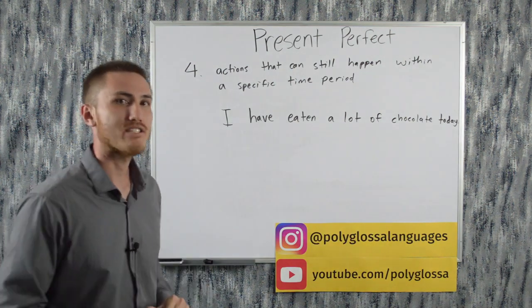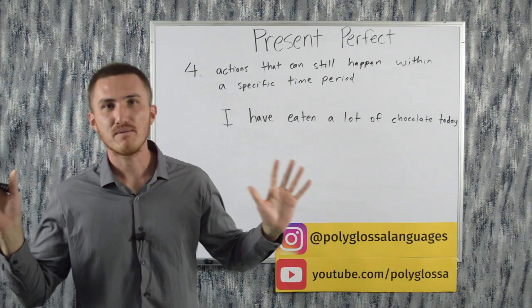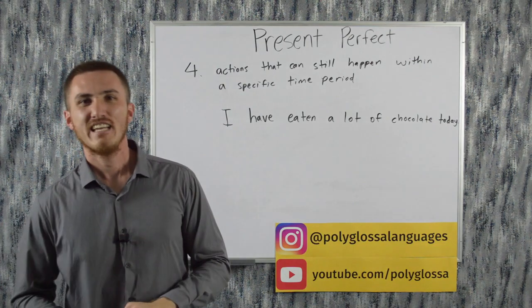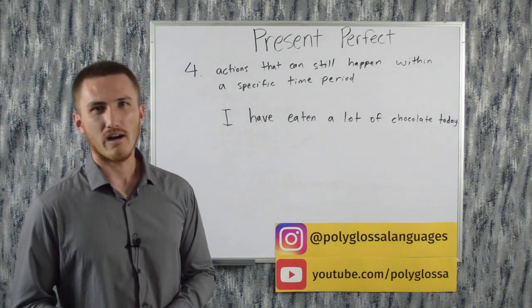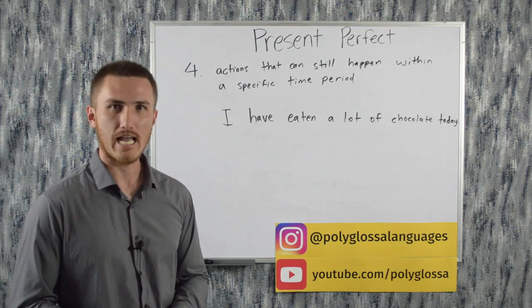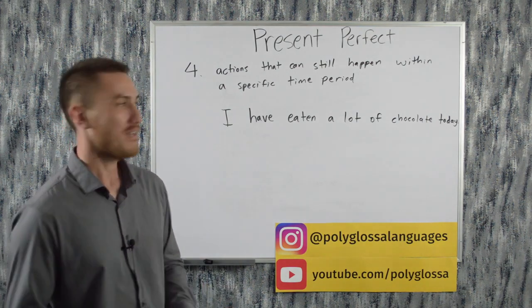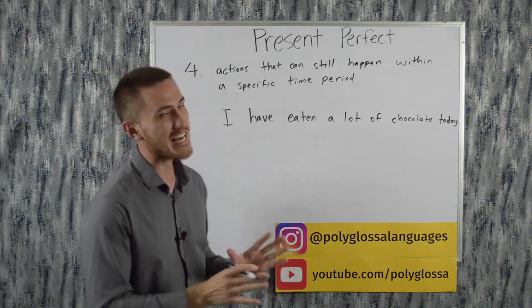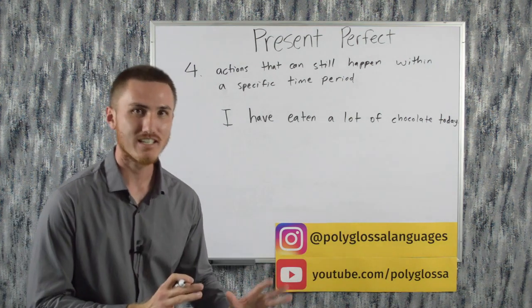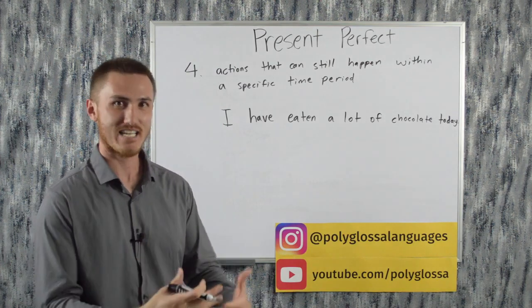However, now let's pretend it's 11 p.m. and I'm in bed and I say to my wife, wow, I ate a lot of chocolate today. I would use the past simple. Why? Because I can't do any more of that action today in this specific time period.